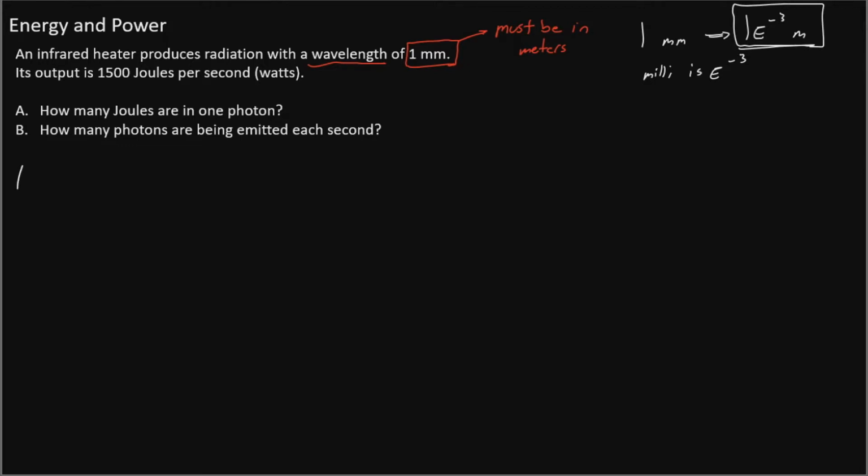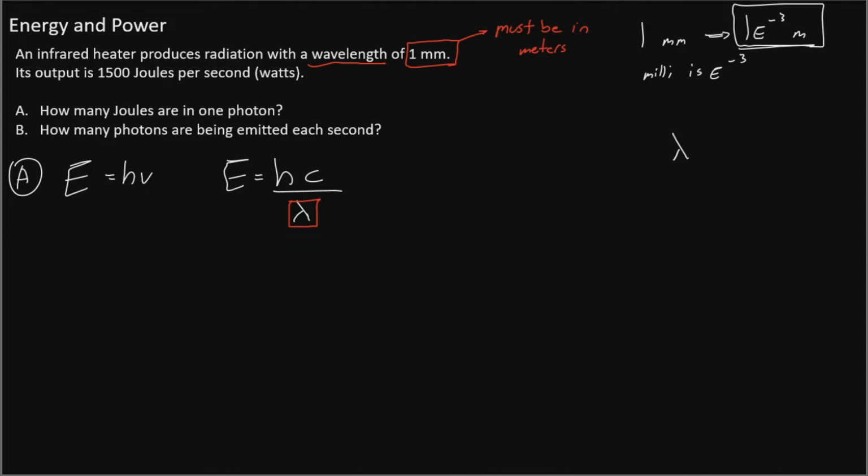Now, to actually find the energy, we have two options. We can use E equals H times frequency, or E equals H times C divided by lambda. Now, since we know the wavelength, option 2 would be more favorable for us because option 1 would take more steps.